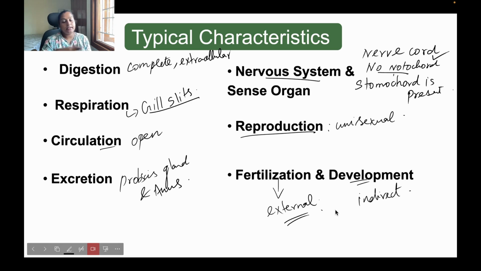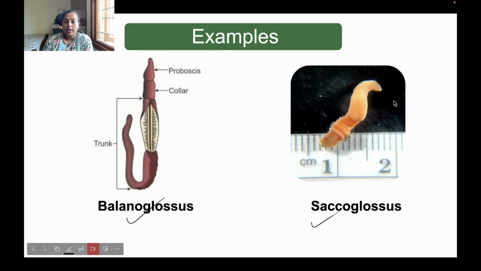So these are the other typical characteristics. Very, very important. They won't have a notochord, but they have a stomochord. Very, very important. Alright, children. And finally, the examples Balanoglossus and Saccoglossus, which are exclusively marine.